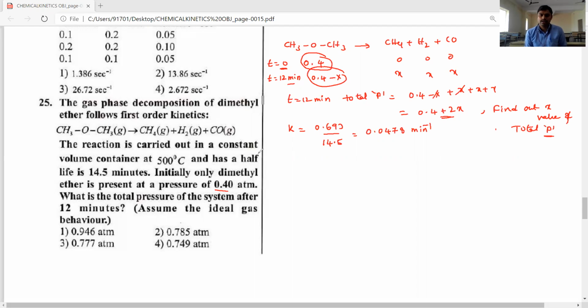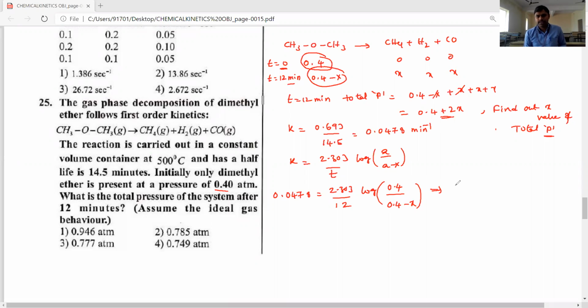For this case, K is equal to 2.303 by T log A by A minus X. The K value is 0.0478, equal to 2.303 by T, which is 12 minutes, into log of the initial pressure 0.4 over the final pressure of dimethyl ether, 0.4 minus X. Okay, from this we have to simplify the equation.